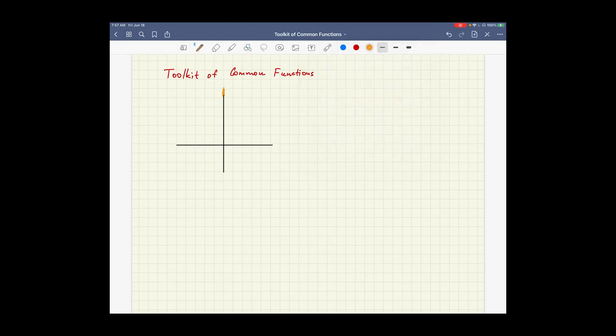The constant function naturally is defined for all real numbers, and its image is simply one number, whatever that constant is. That is the constant function.